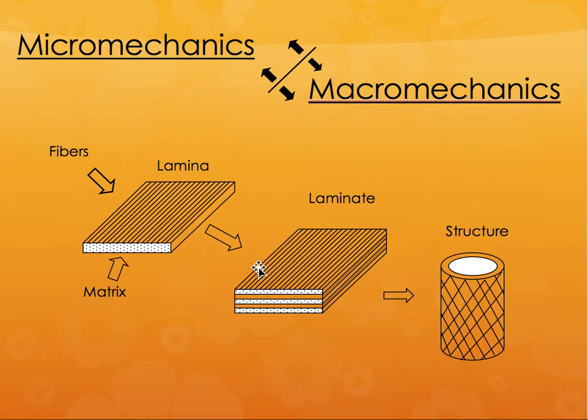Most of the time what we do is we laminate these individual lamina and put them together, and this can then be either placed in a shape or form, or we might take these individual lamina and wind them around a tool or a mandrel.